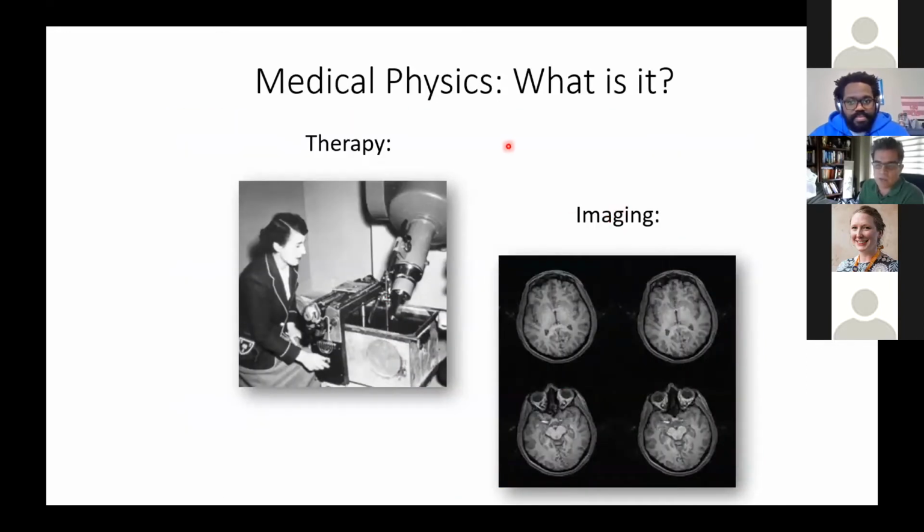So now let's think about medical physics again. What is it? How really are physical concepts applied to medicine and biology? First is therapy. And I highly doubt most of you know who this is. This is Sylvia Fedoruk. She was a scientist, I think back then at the University of Saskatchewan, and she played a seminal role in the development of the first radiation machines.